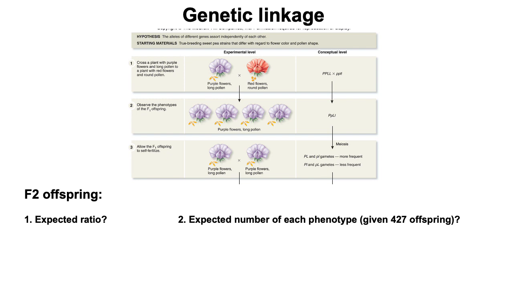If we're talking about independent assortment, two different genes affecting two different traits, and we self-fertilize the F1s, and then once we think about that ratio, if we have 427 offspring, how many should we expect in each phenotypic class? So take a minute and think about that before we move on to the next slide.